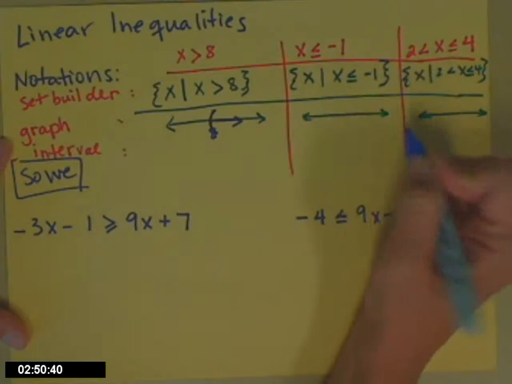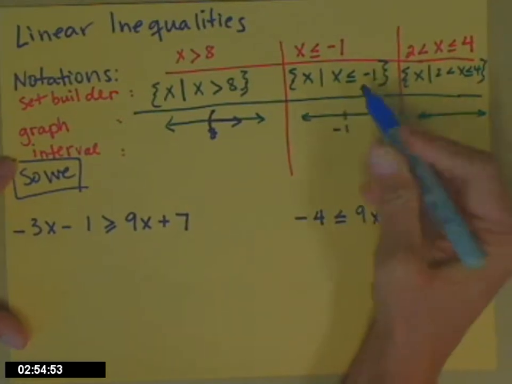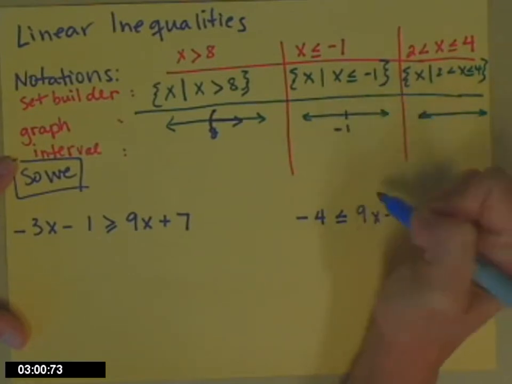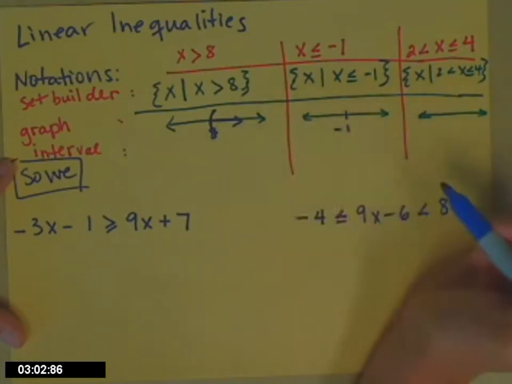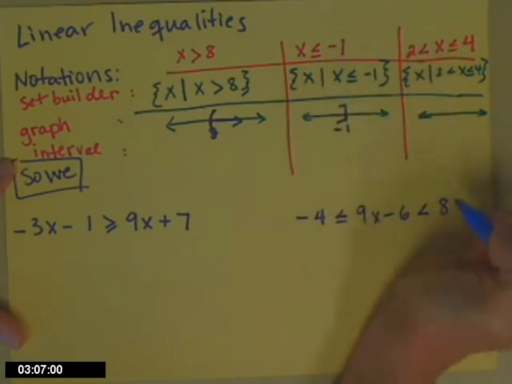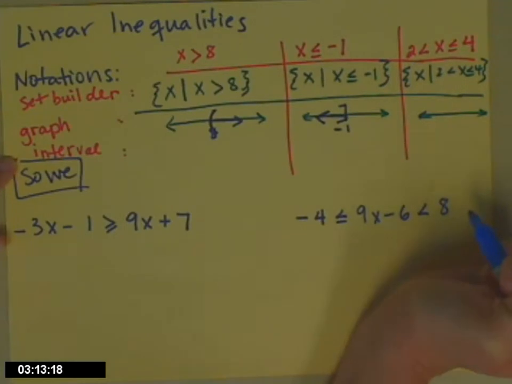Okay, so for the next one, find -1 on your number line. There's my -1. I want the x's that are less than that, so that's all over here on the left. But now this time I do include -1, so it needs to differ from that parenthesis to show that it is included. And we do that with a square bracket. That's also on your keyboard if you're typing. And then my arrow goes to the left because that's where the solution set is.